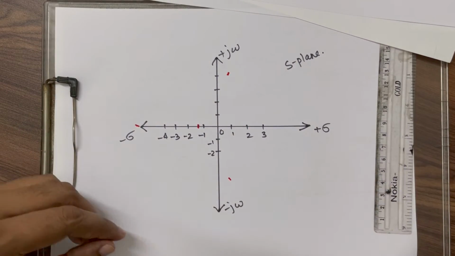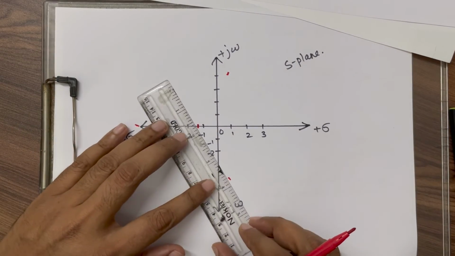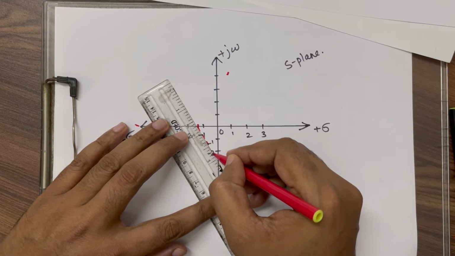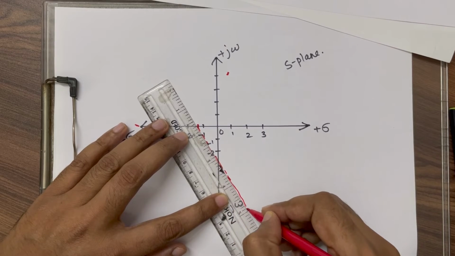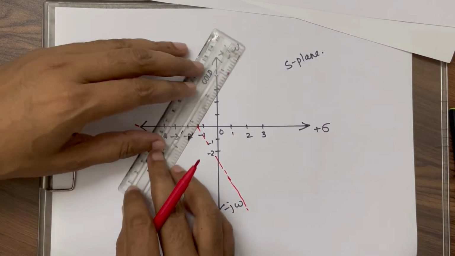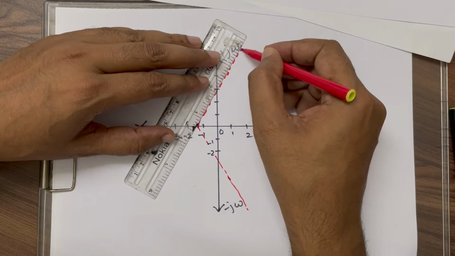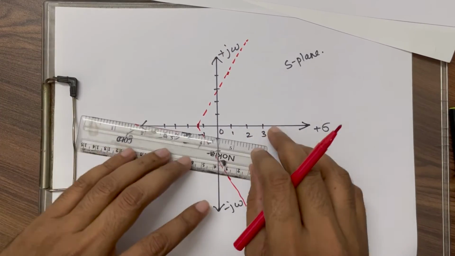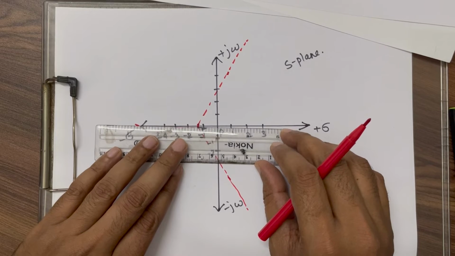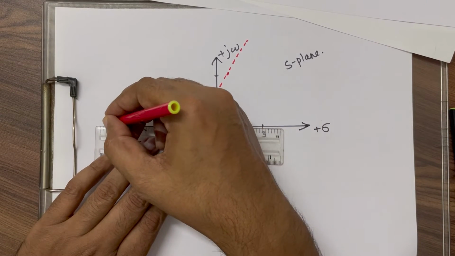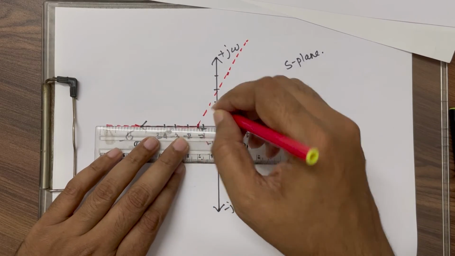Now let us draw this using a scale. This is asymptote 1, asymptote 2, and the third asymptote will be in this direction because it is at 180 degree.